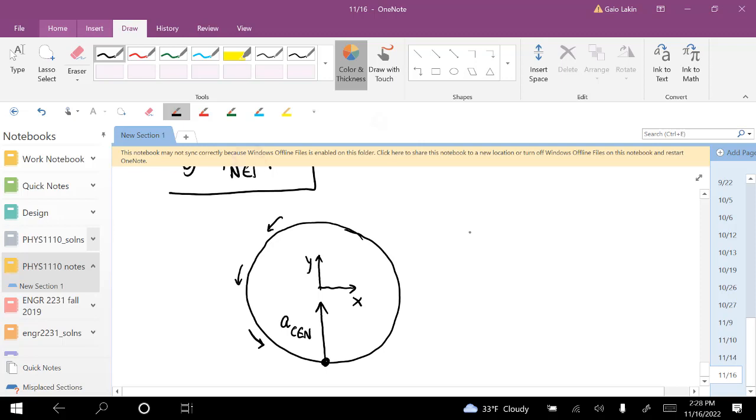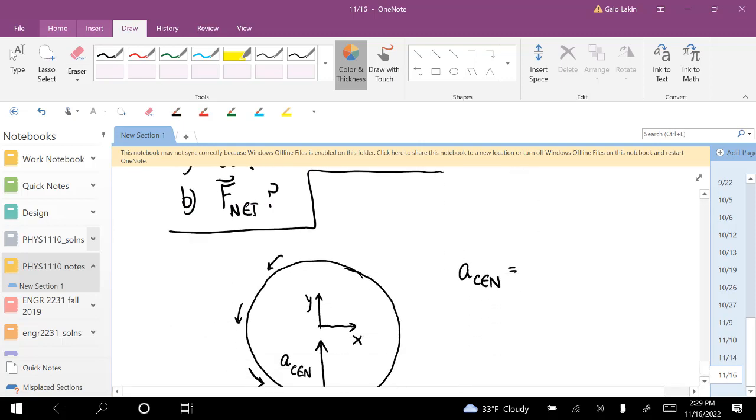And the magnitude of that is the speed squared divided by the radius of the track. The speed is 30 meters per second. The radius is 50 meters.